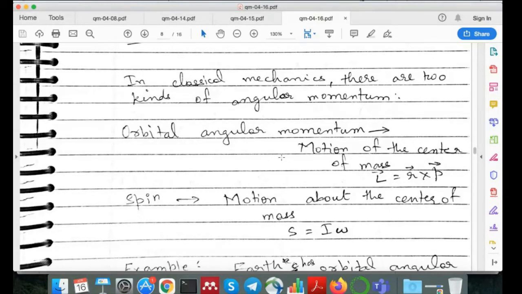But in the quantum mechanical sense, the object is structureless. An electron does not really have any structure, so you cannot say that it is moving about its own axis.